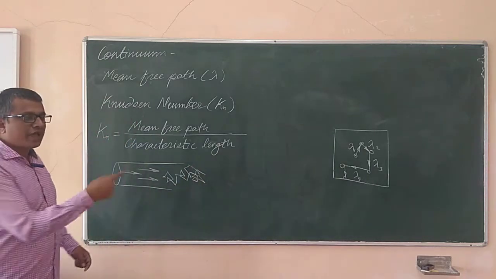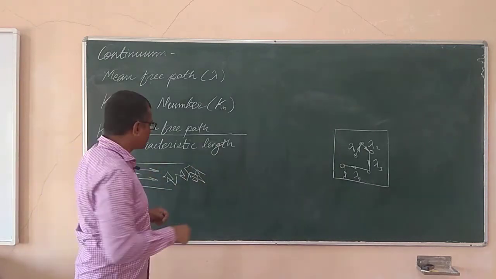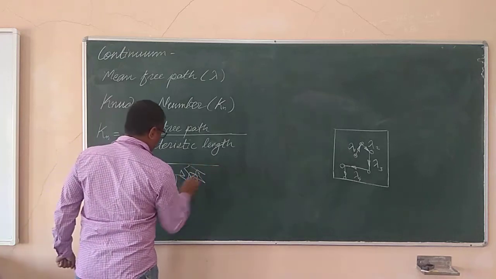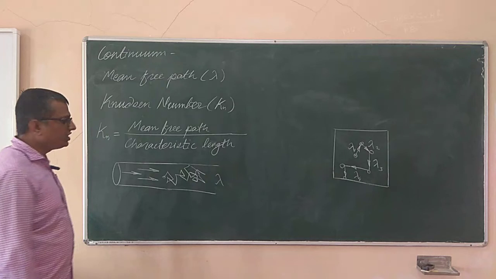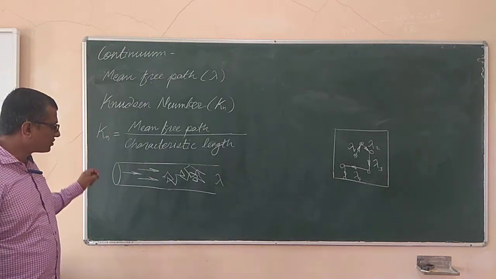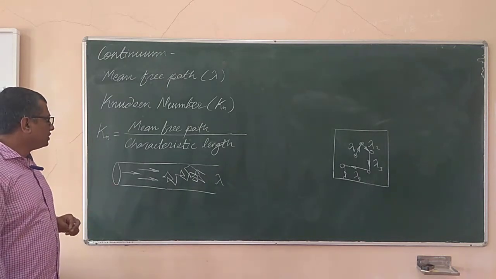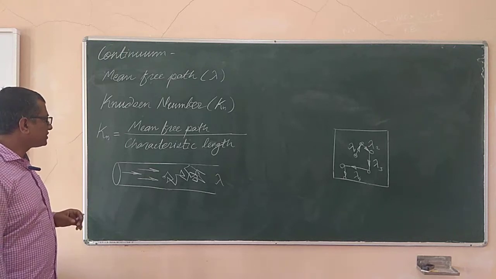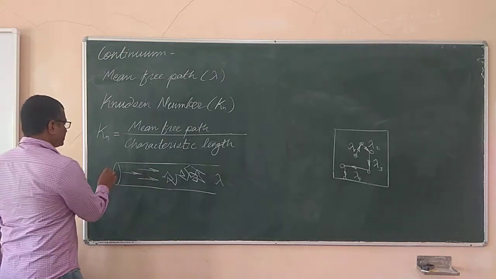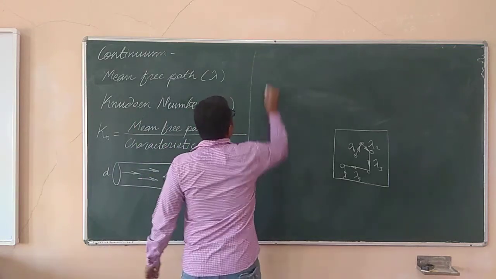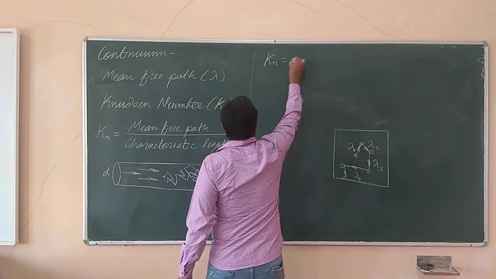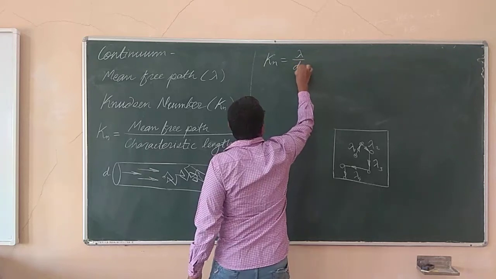So in a zigzag manner it will keep on colliding with one another. For these various collisions, I get the mean free path lambda for any one molecule, and with the characteristic diameter as d, I will say the Knudsen number Kn is equal to lambda by d.